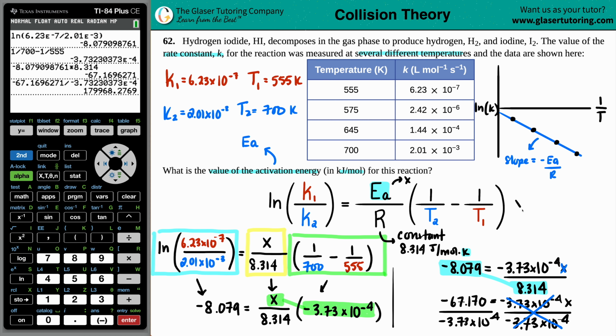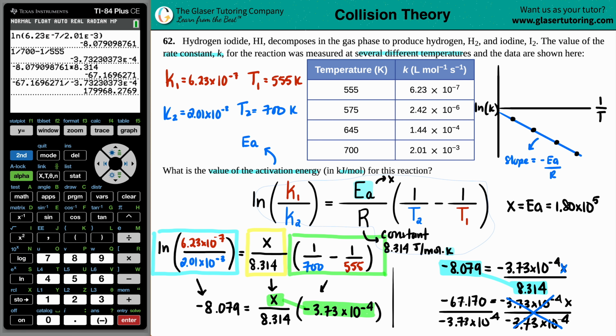So maybe I'll put it up here. X equals, and what was X? That was your activation energy. So EA was, I guess we'll say, 1.80 times 10 to the 5th. Now, the R value will dictate what this unit's going to be in.